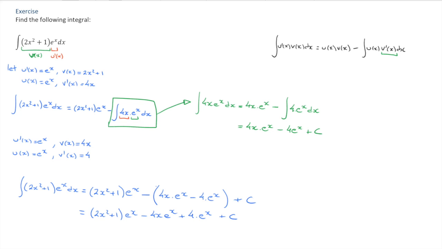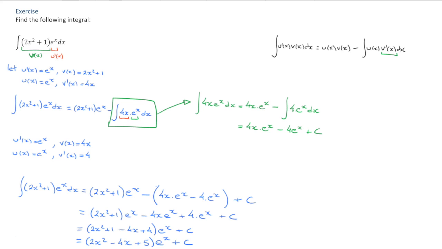And we could go further, and we could factor this whole thing and say that this is equal to 2x squared plus 1 minus 4x plus 4 times e of x plus some constant c. And this can, of course, be simplified as 2x squared minus 4x plus 5 times e of x plus a constant of integration, c.